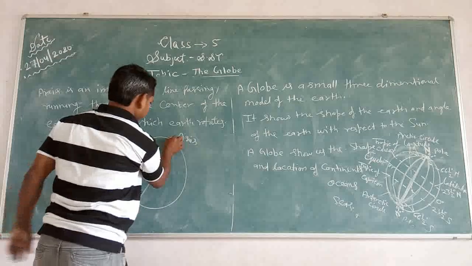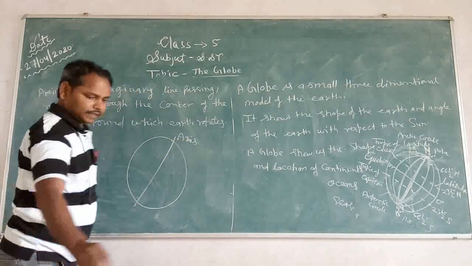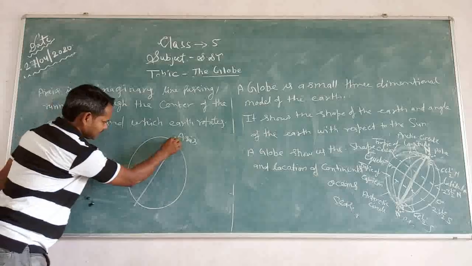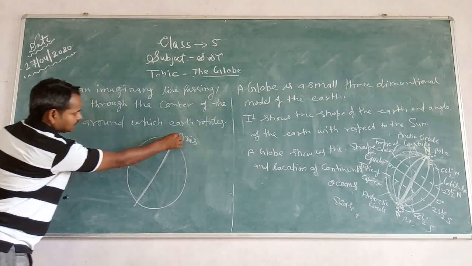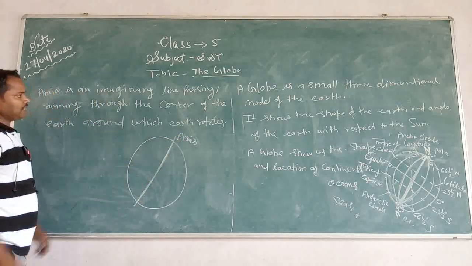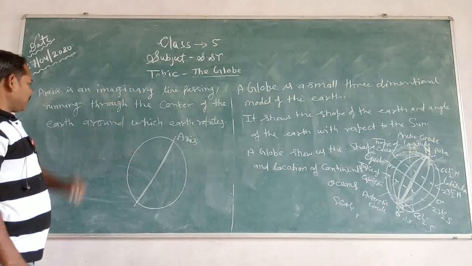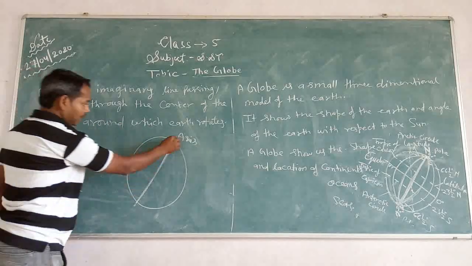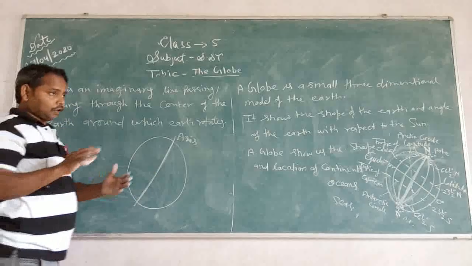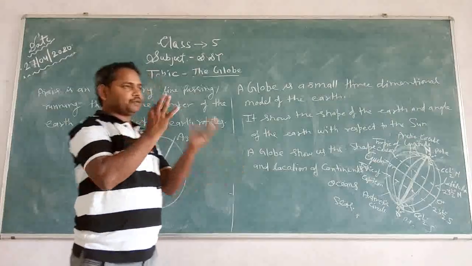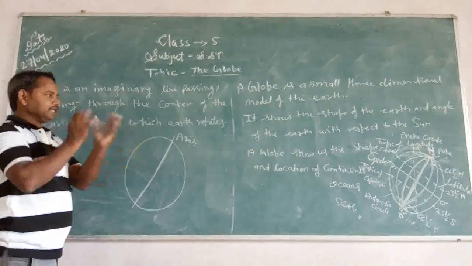It is the axis which is passing through the center of the Earth. On its axis, our Earth moves from west to east.